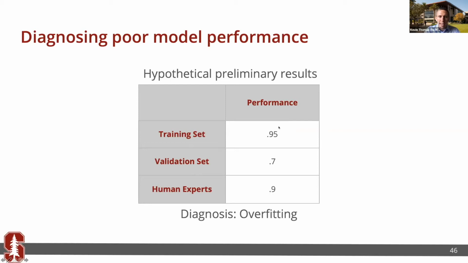So your model's doing even better than human experts on your training set, but it's not doing quite as well on your validation set. This tells you that your model is doing something called overfitting, which means it's kind of memorizing the super fine details and even the noise of your training set, to the point that it's not learning generalizable rules that can allow it to perform well on the held out validation set.